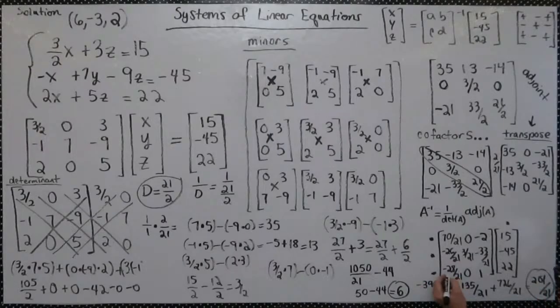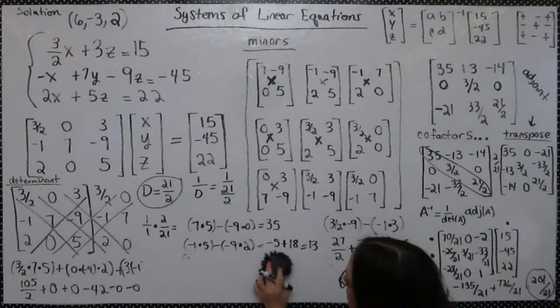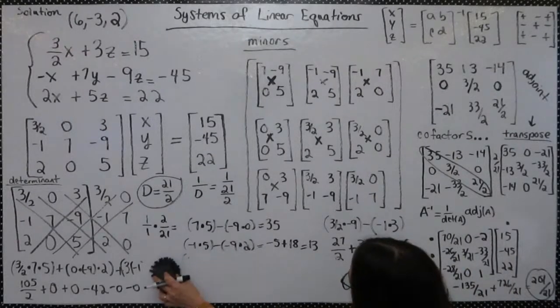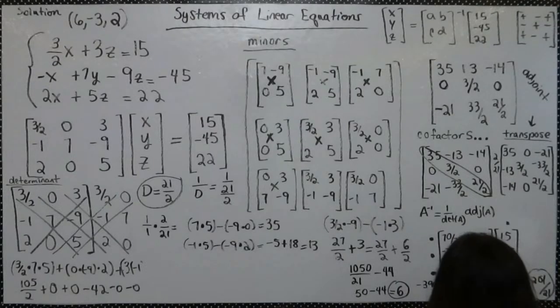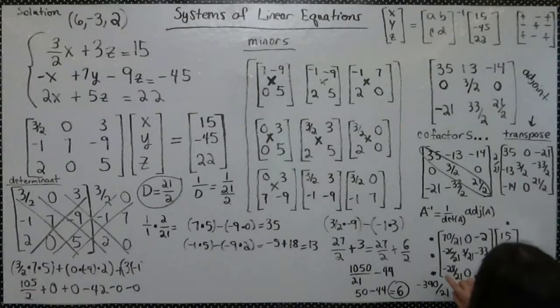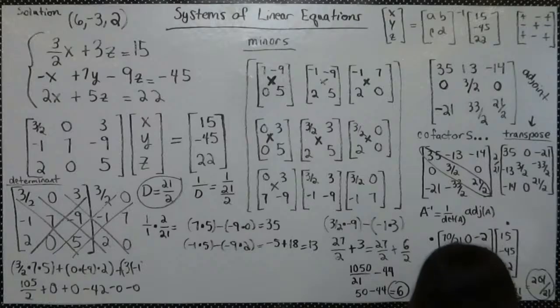Let's see if we got this last one though. See if we're on the right track. So we've got negative 28 times 15. That is 420. Well, and it's Monday. I haven't done math all weekend, so it's one of the reasons why I want to do this, so that I have practice.